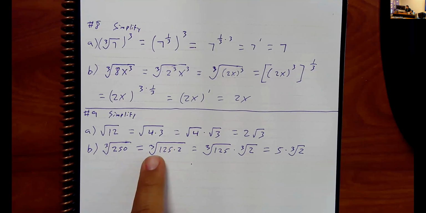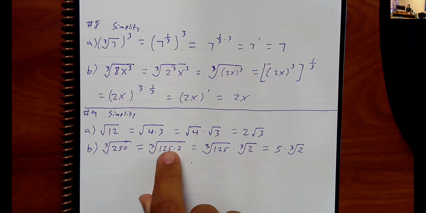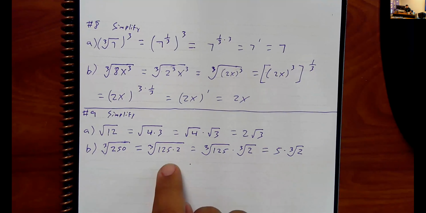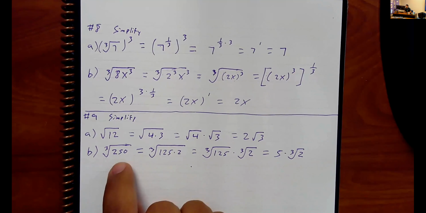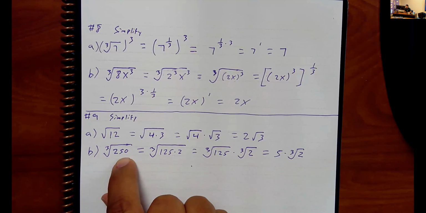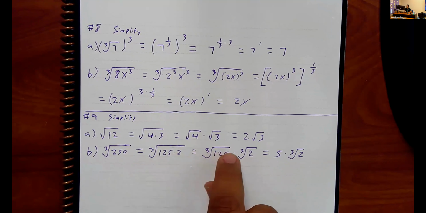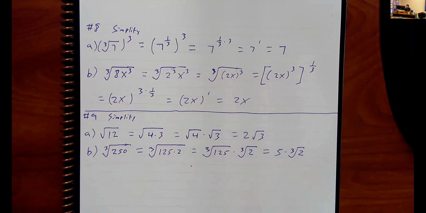I don't expect you to know right away how to find this number, but Google a list, or print one out of all the cubes. That way you know, okay, 125 goes in here. You want to pick the biggest one, because if you don't, you might have an additional step at the end. It's not wrong, you'll create more work. Yeah, pretty much. You want to find the biggest one. So just do 2 cube factors, just like we did before, 2 squared factors.